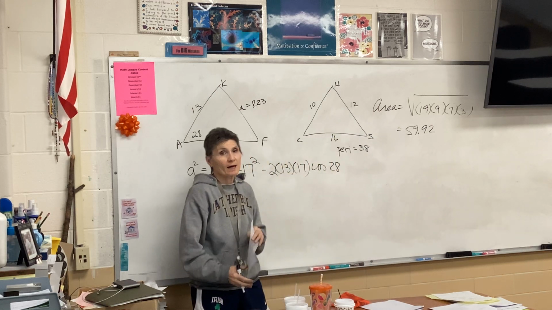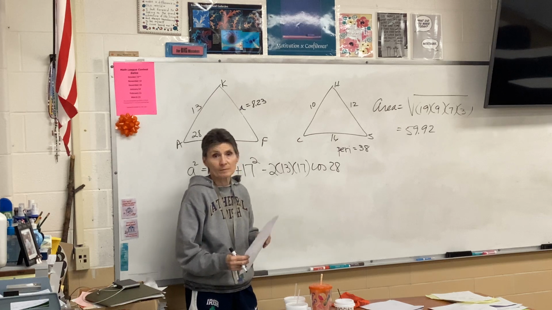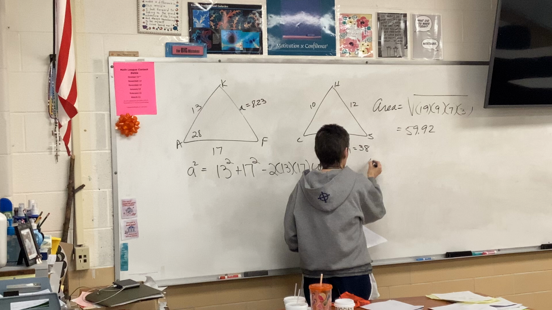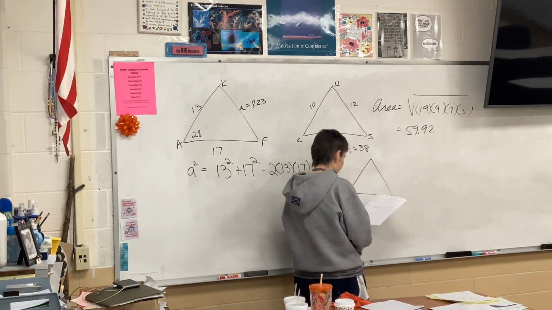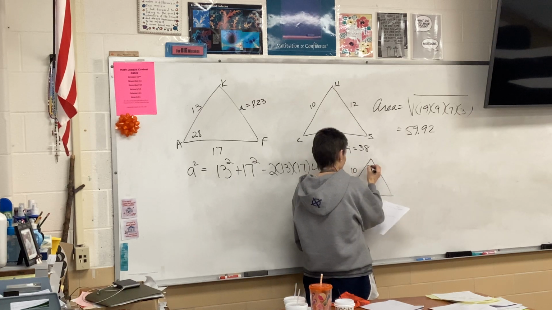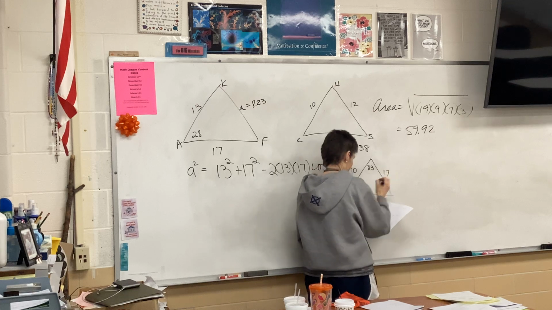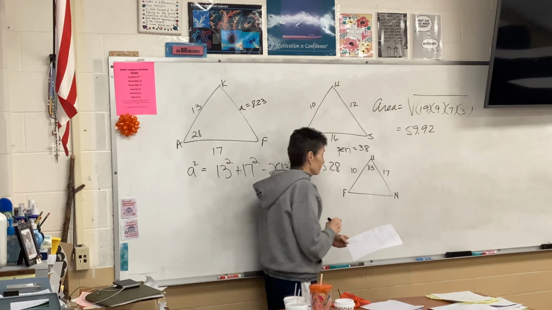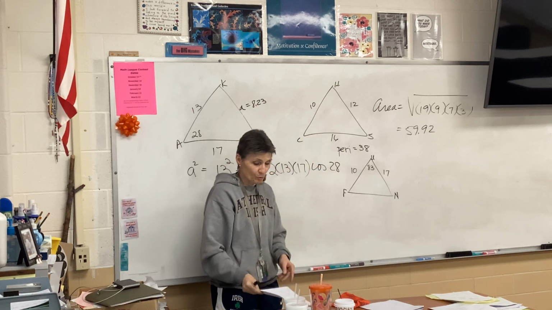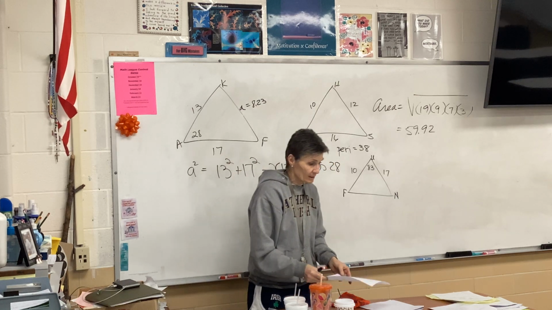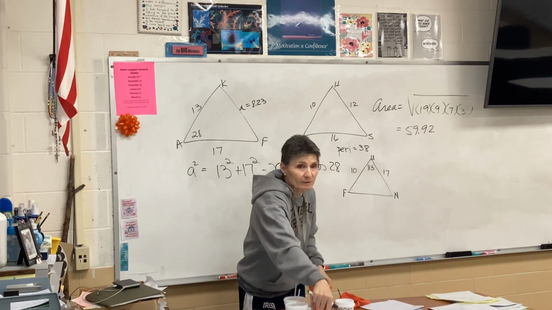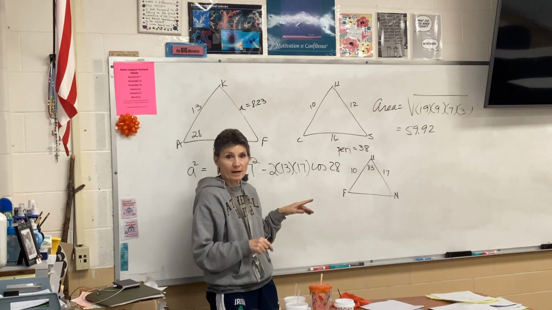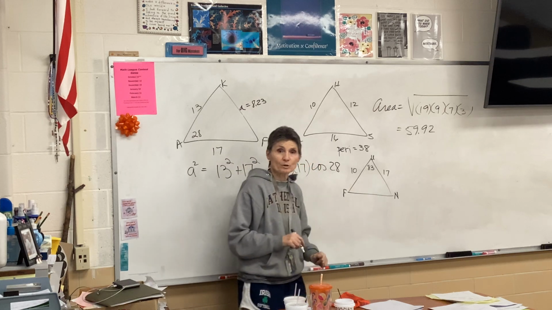This should be an easy one, guys. This is not tough at all, especially the last problem. Look at the last problem. Again, we're finding area. Take a look at that situation that we have. I have 2 sides and the angle in between.